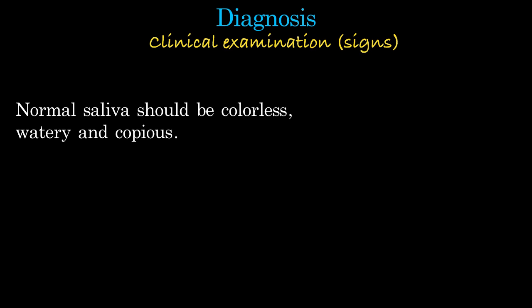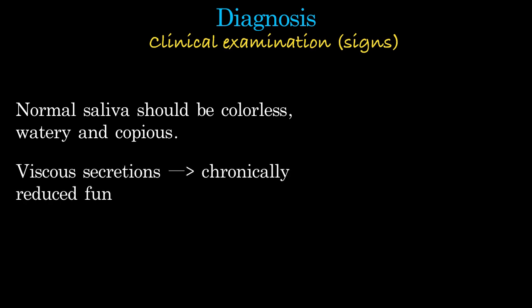If it is colorless, watery, copious, this is normal saliva. If you find that the secretion, especially from the parotid glands, is very viscous, which is not usual for parotid gland secretion, then this patient has chronically reduced function. This patient has been suffering from xerostomia for quite a long time.